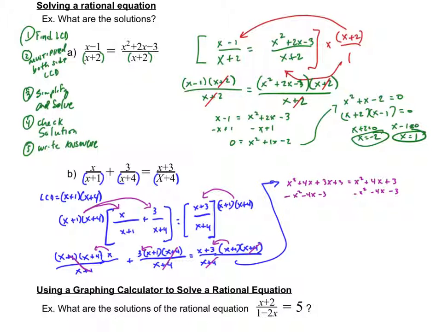I had to go back and make some corrections here, but when we do our cancellations, we're going to end up having 3x = 0, divided by 3, so x is going to be equal to 0, and that is my solution.